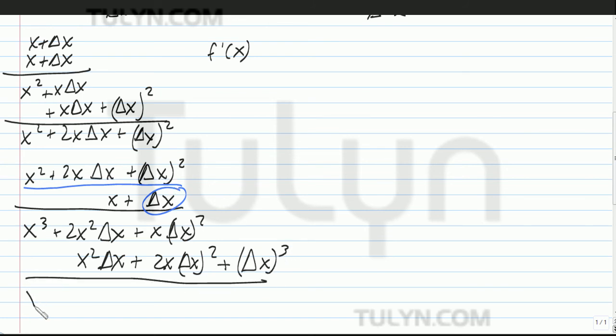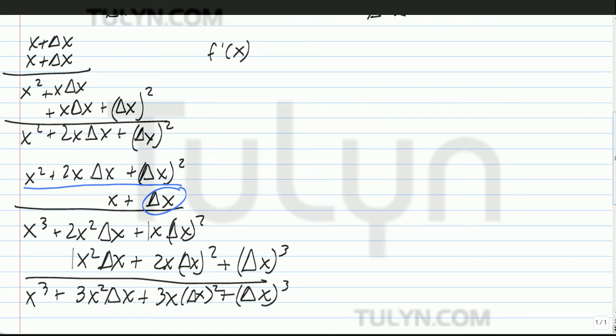You can add, so it's x to the third plus, now whenever you don't see a sign, there's really a 1 there, so 2x squared delta x plus 1x squared delta x, altogether 3x squared delta x, plus 1x delta x squared plus 2x delta x squared is altogether 3x delta x squared plus delta x to the third power, right?